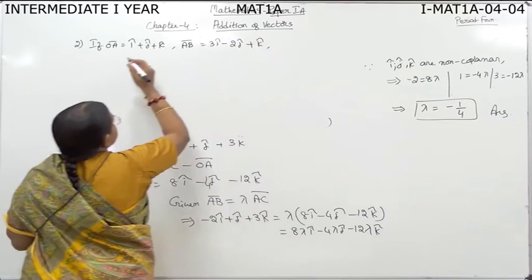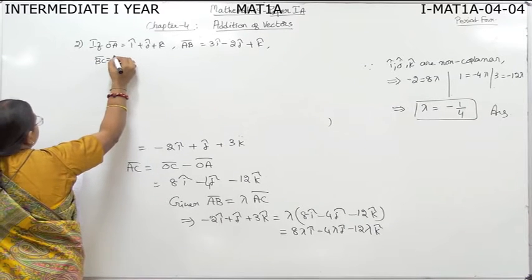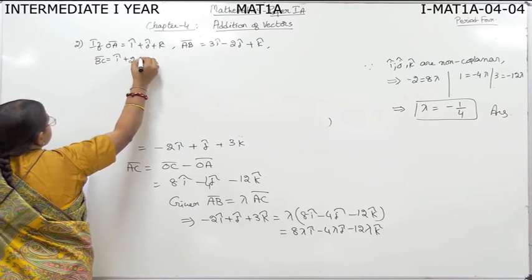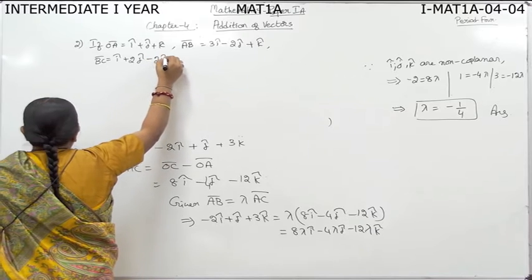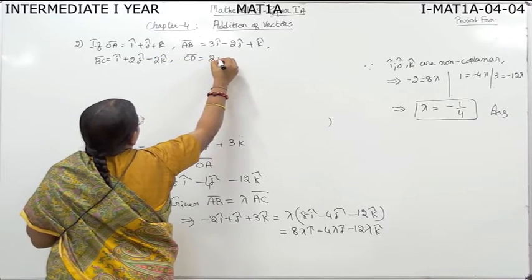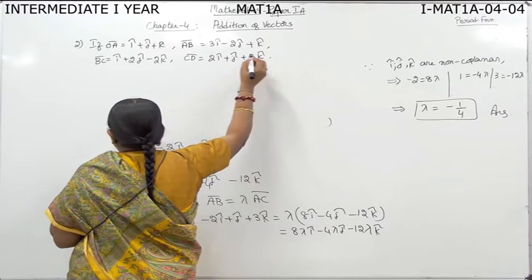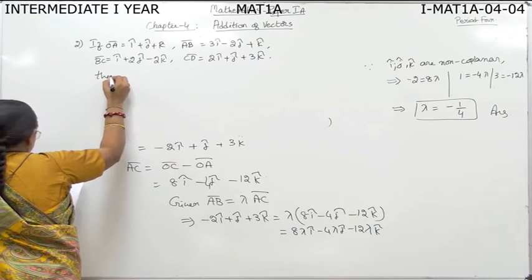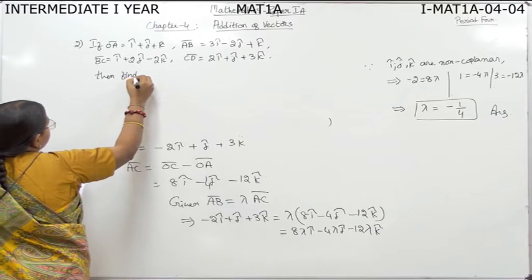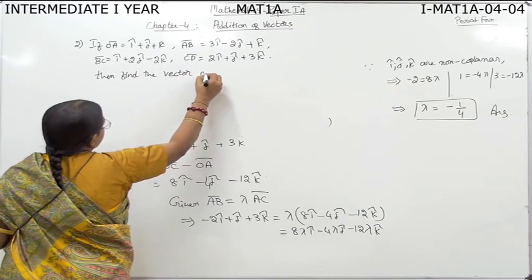This problem is very important. And then BC is equal to i plus 2j minus 2k, and then CD is equal to 2i plus j plus 3k. Then find the vector OD.